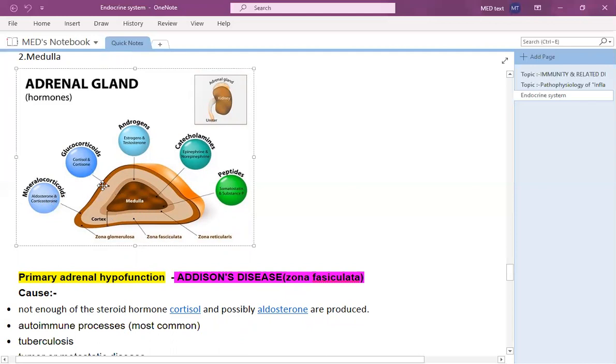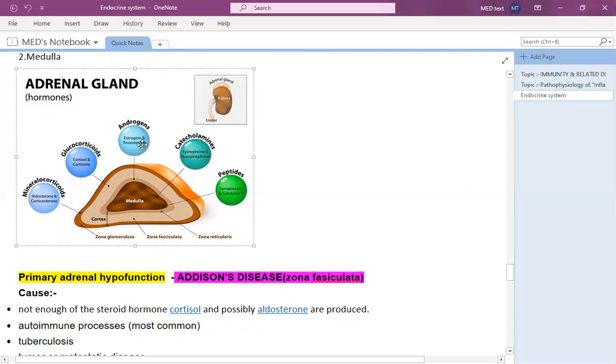That zona fasciculata will produce glucocorticoids. Glucocorticoids are examples like cortisol and cortisone. And the innermost layer produces what are called androgens. And the androgen hormones mainly include estrogen and testosterone.